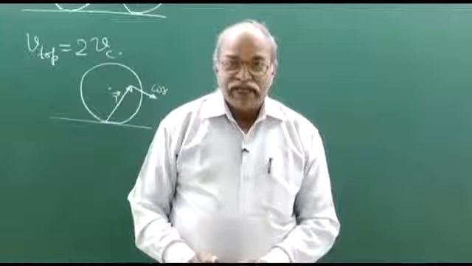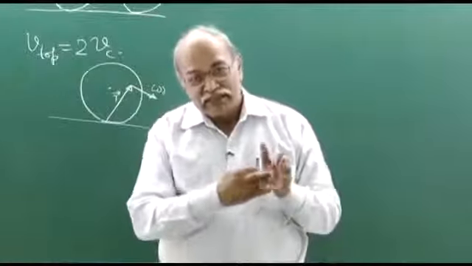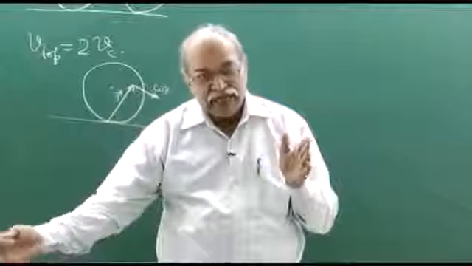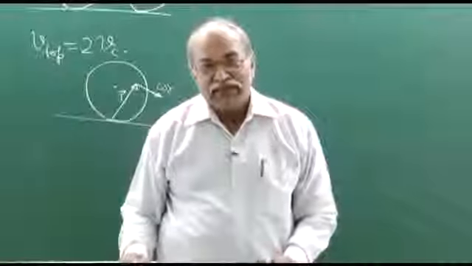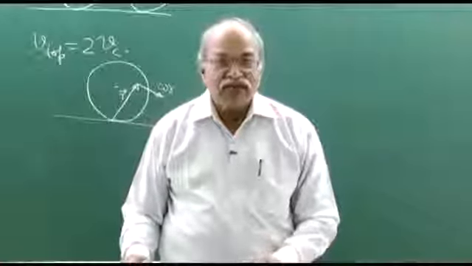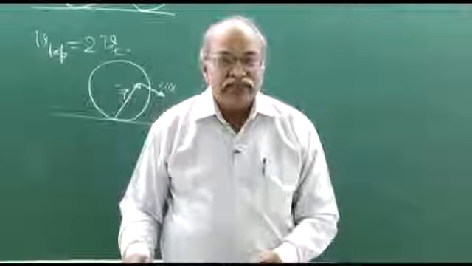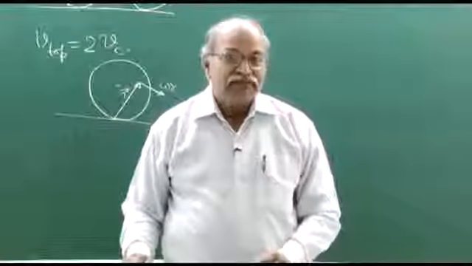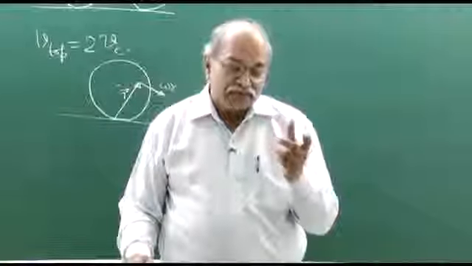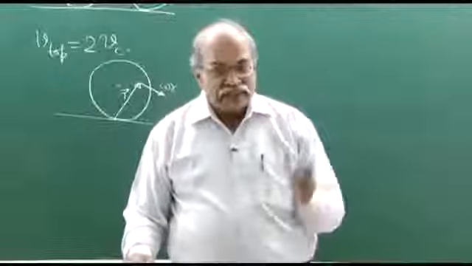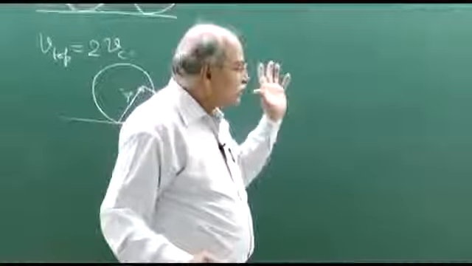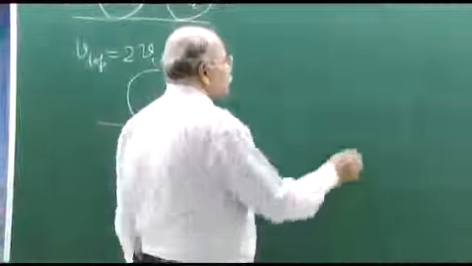Let us try to understand why the time taken by the balls to cover that length of the inclined plane does not depend on the size of the ball, the mass of the ball, the material of the ball, or the friction coefficient between the ball and the track. So, let us do some analysis and try to understand that.